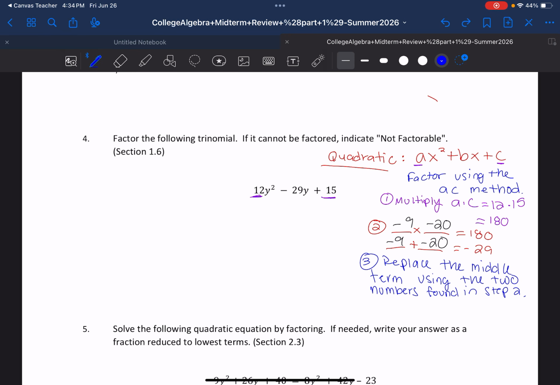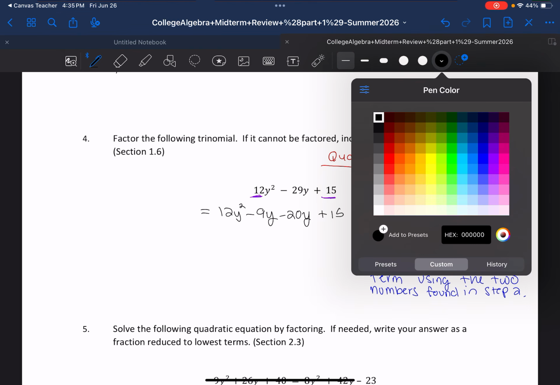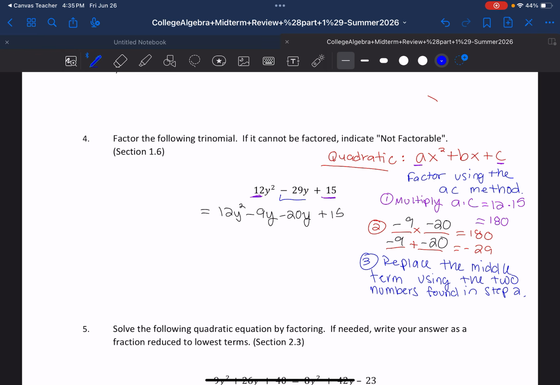So instead of negative 29y, I'm going to write this as 12y squared minus 9y minus 20y plus 15. So I replaced this middle term here with negative 9y minus 20y. I use the numbers we found here as the coefficients for the y, because negative 9y minus 20y is negative 29y. So I just replaced that middle term. I rewrote it.